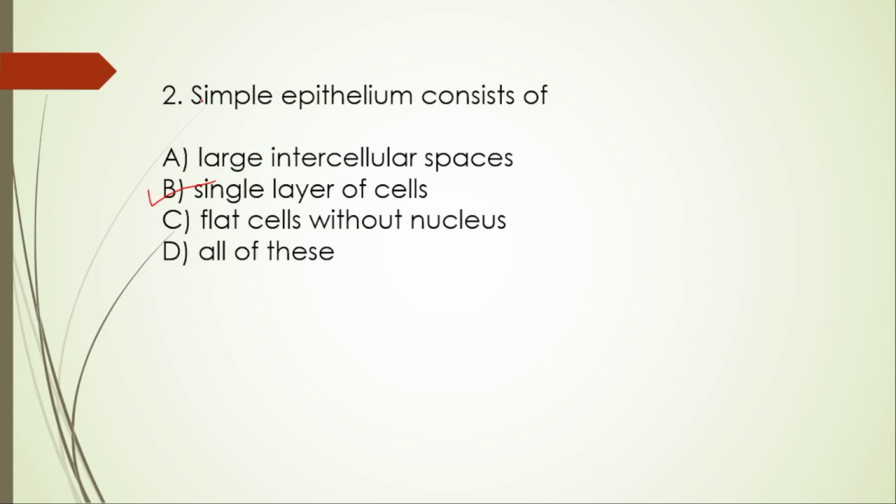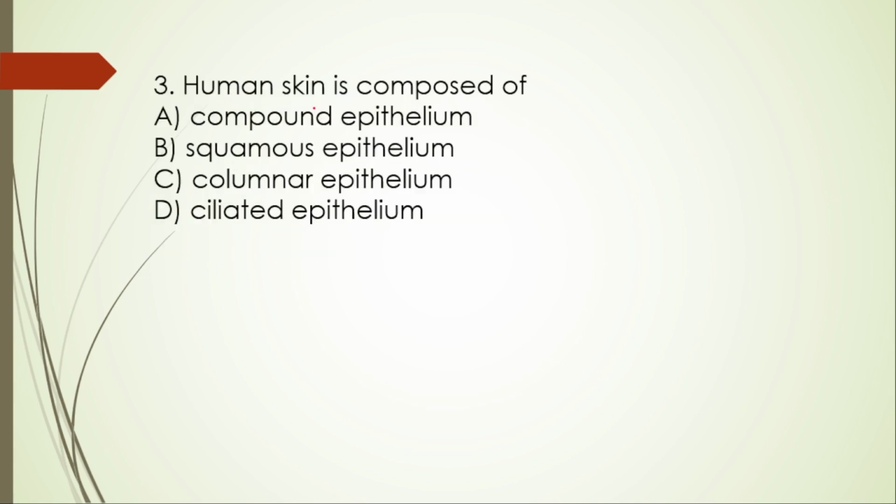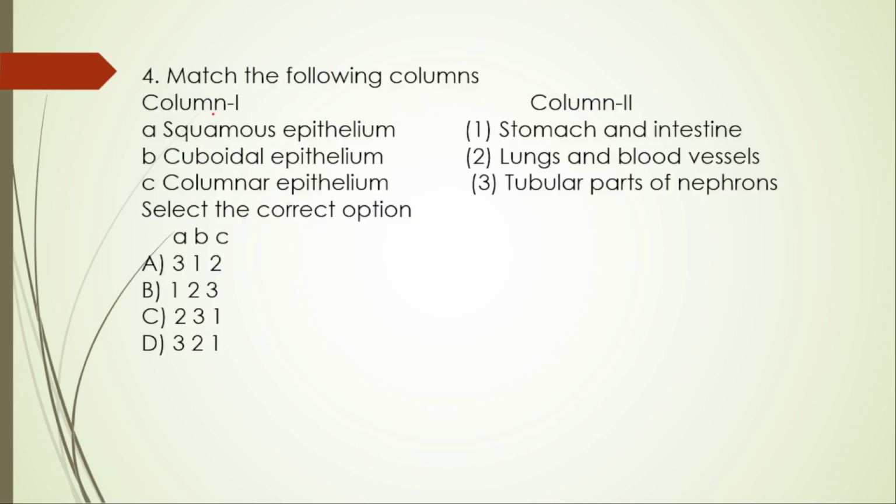Next question, question number 3. Human skin is composed of: A, compound epithelium, B, squamous epithelium, C, columnar epithelium, and then D, ciliated epithelium. So here the right option is compound epithelium.